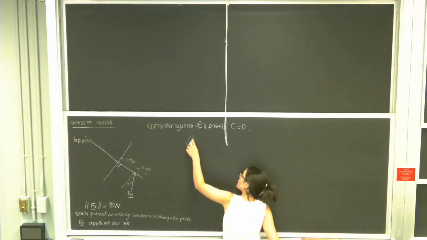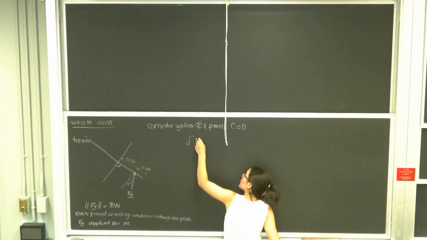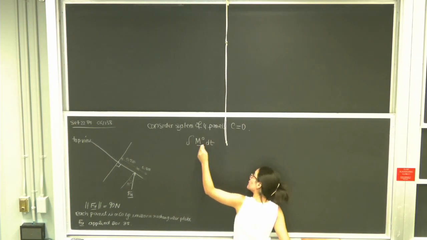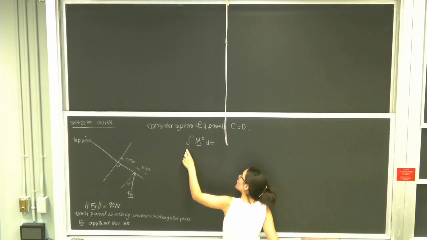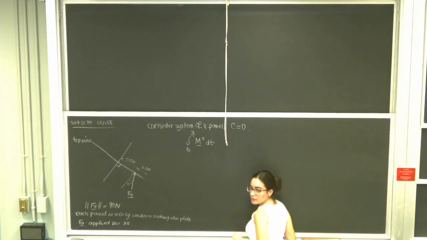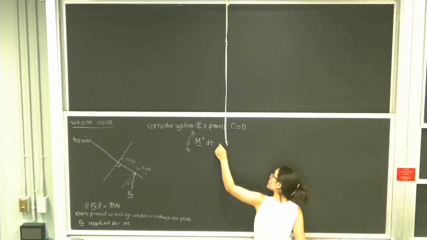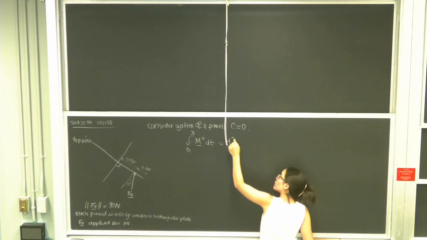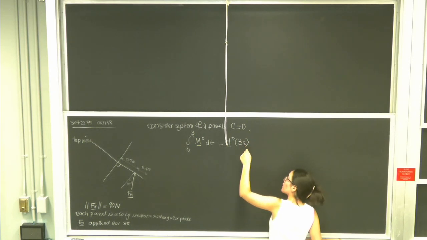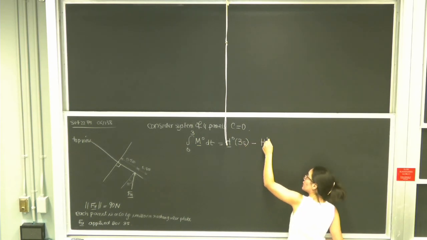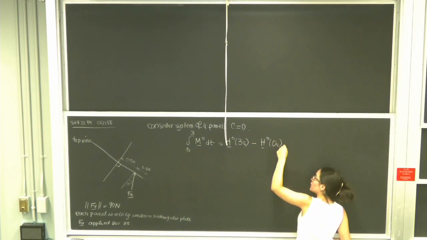The integral of M_O dt from t1, so basically from 0 to 3 seconds in this problem, is H_O at 3 seconds minus H_O initially.